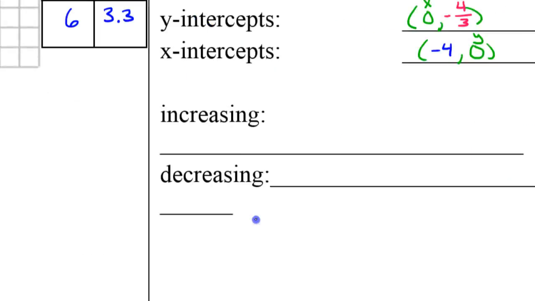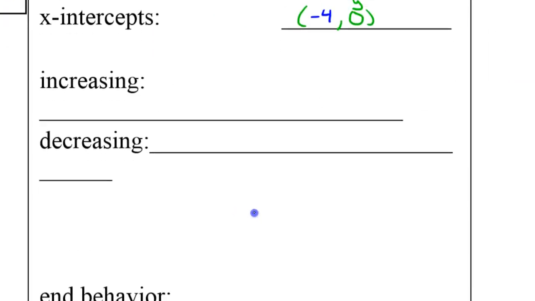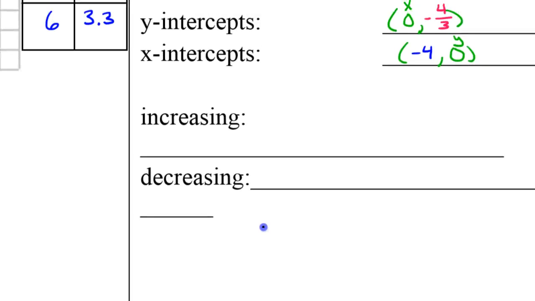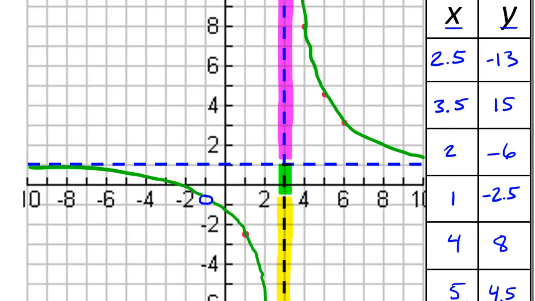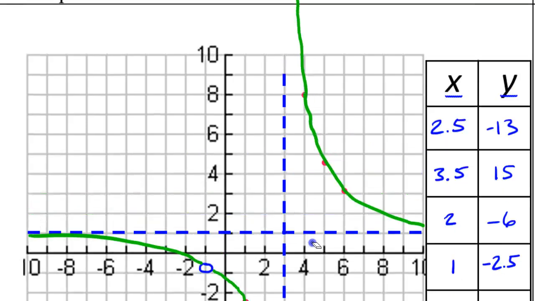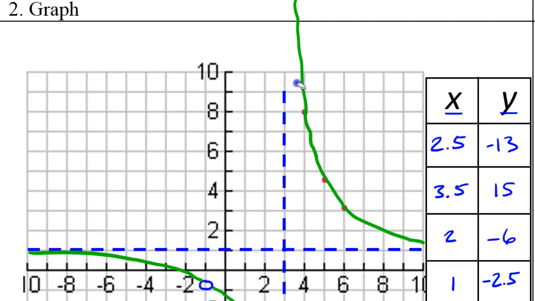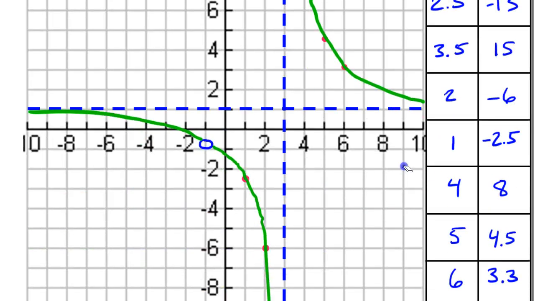Now this time they're asking for increasing and decreasing intervals. Let me get rid of this highlighter stuff. This part of the graph over here is decreasing because I have to look from left to right. This is going downhill. This part of the graph over here is also decreasing. So this entire graph is decreasing.